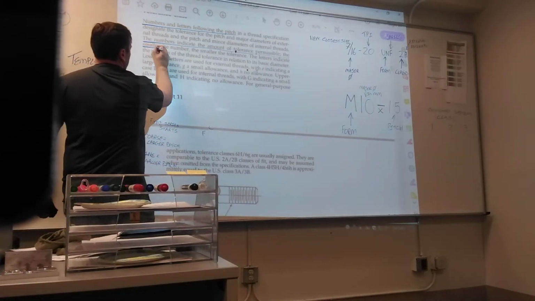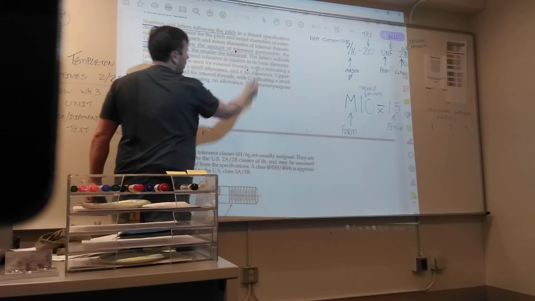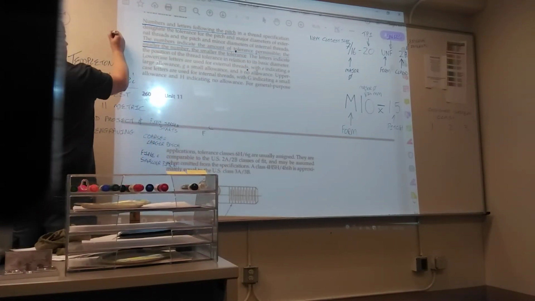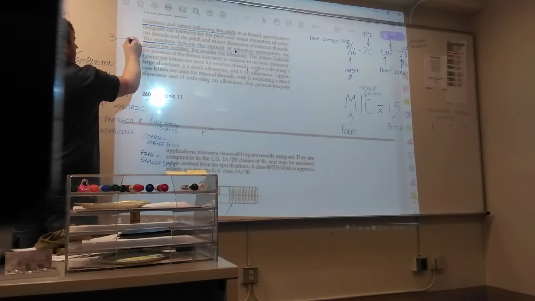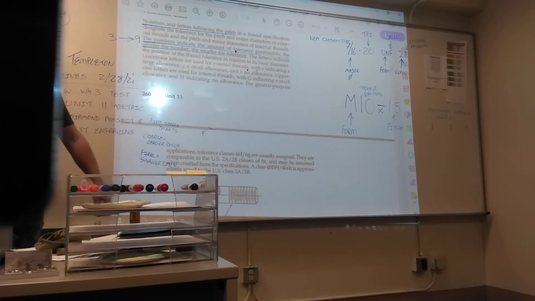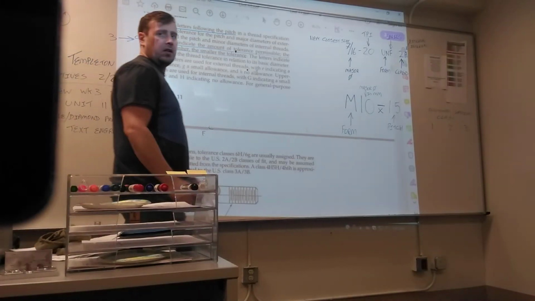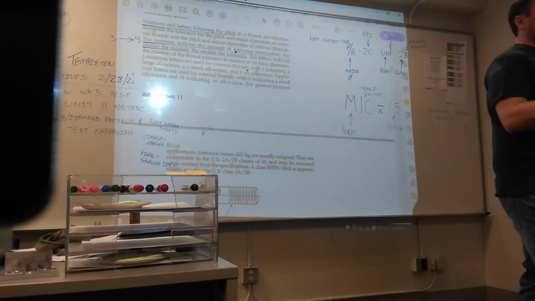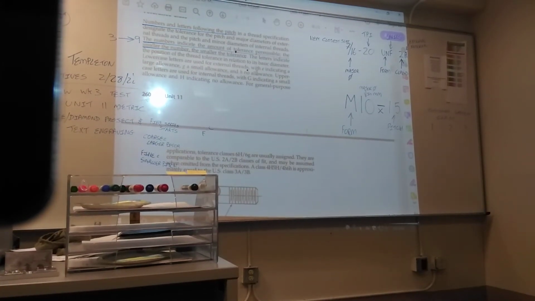The smaller the number, the smaller the tolerance. Those numbers range from 3 to 9. Why they didn't go 1 to 6, I have no idea. That's the way it is. 3 represents the best thread, 9 represents the worst thread. But you're going to see 3 common numbers: 4, 6, 8.